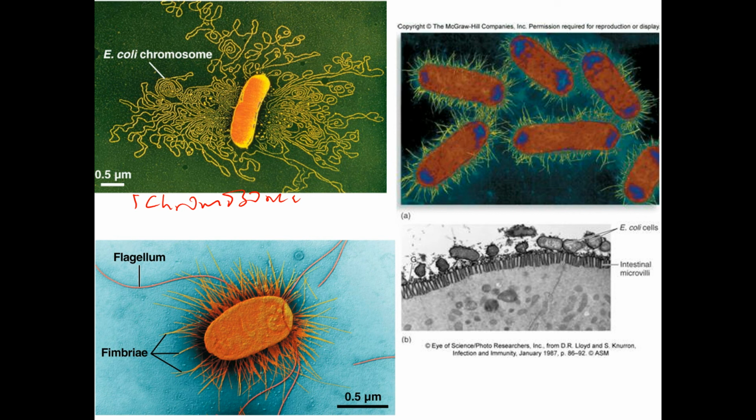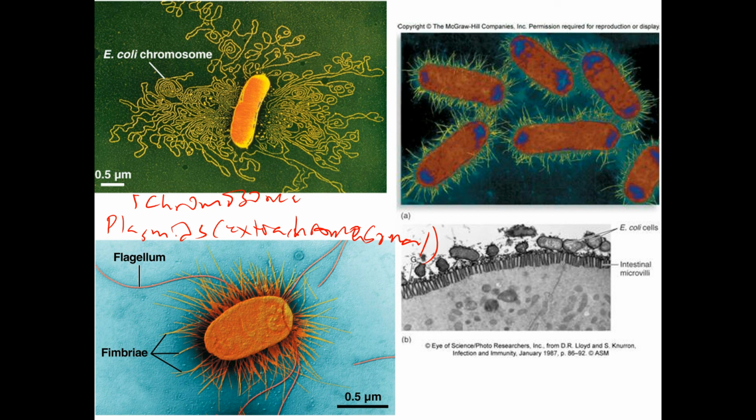Now, bacterial cells can also have what we call plasmids, which is basically extrachromosomal material.